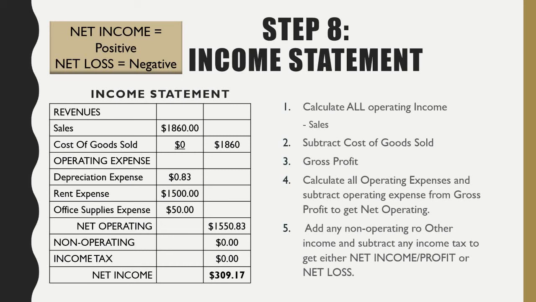Once you get all of your sales or all of your revenues, then you're going to go ahead and go against it with every expense that you have, starting with your cost of goods sold first, because your cost of goods sold is directly correlated with the inventory and the product that you sold. Okay? So in our case, we have cost of goods sold and we also have cost of material. Okay?